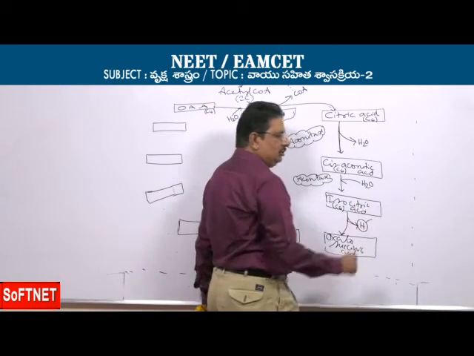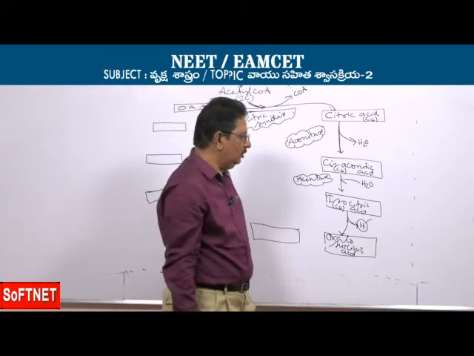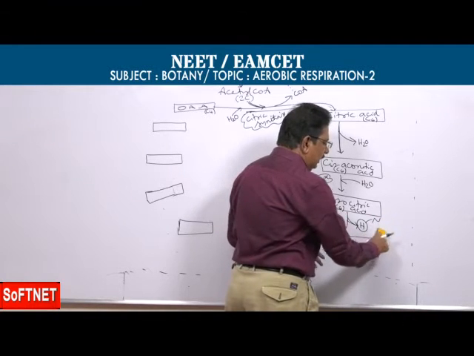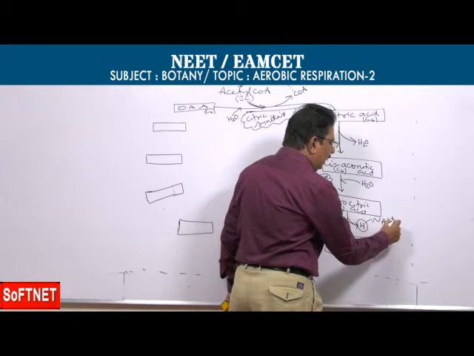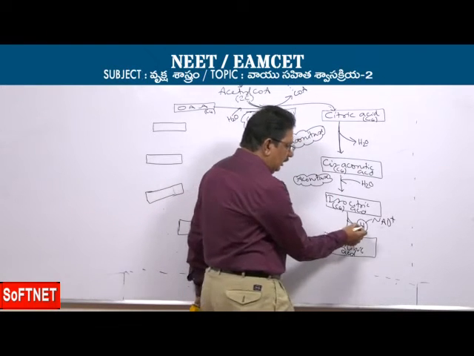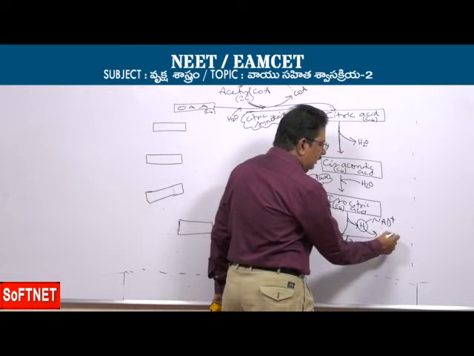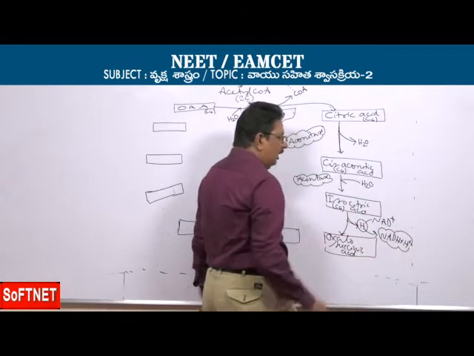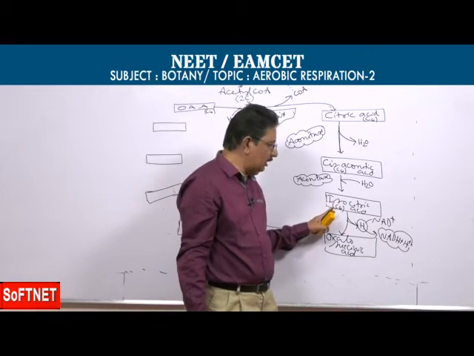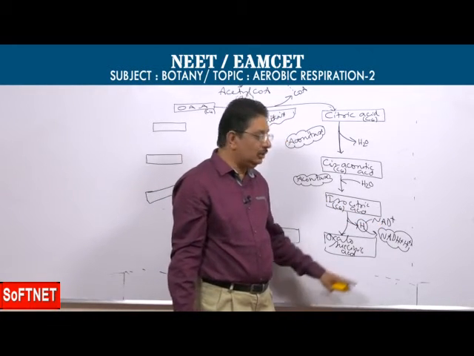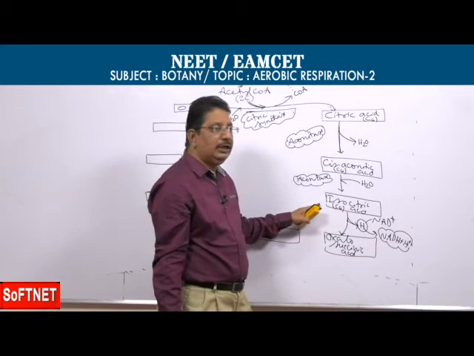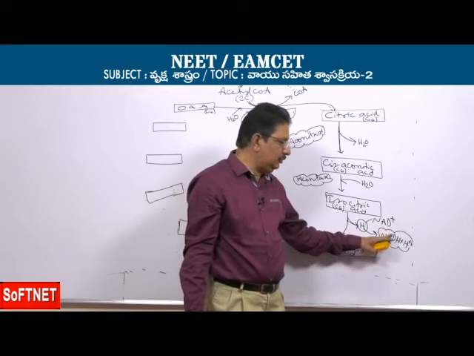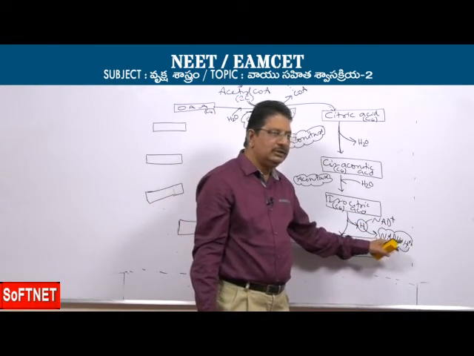and these hydrogens actually belong to glucose, accepted by NAD plus, because NAD plus is a good hydrogen acceptor and it converts into NADH plus H plus. So what happened here? Isocitric acid is oxidized and NAD plus is reduced. Isocitric acid is oxidized into oxalosuccinic acid and NAD is reduced into NADH plus H plus.